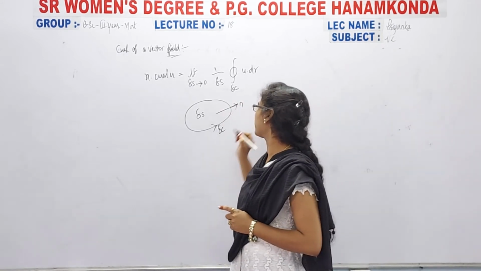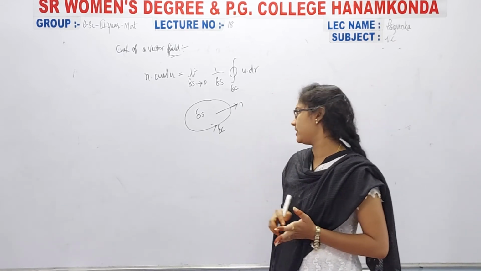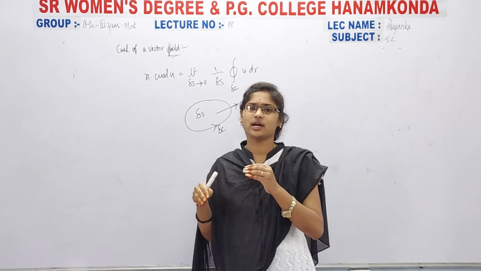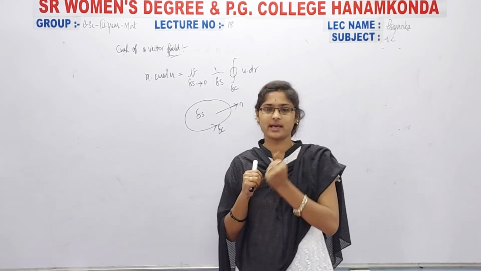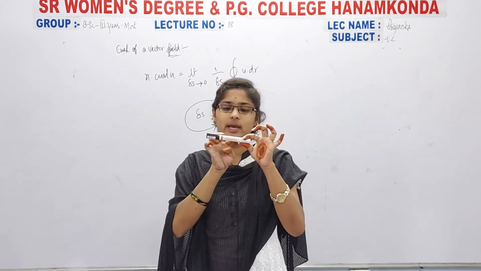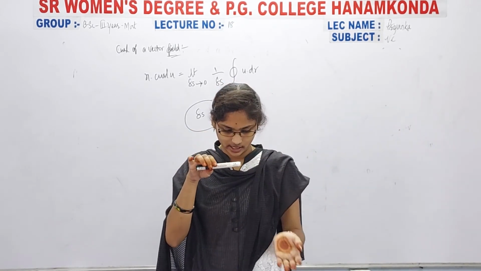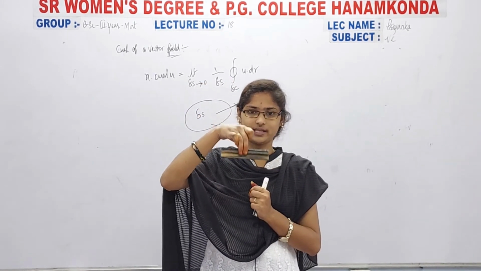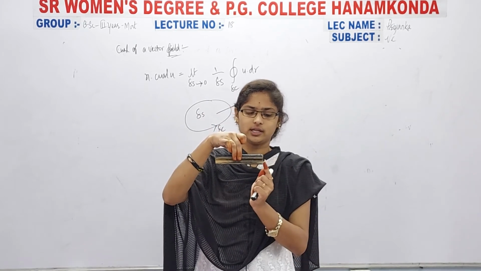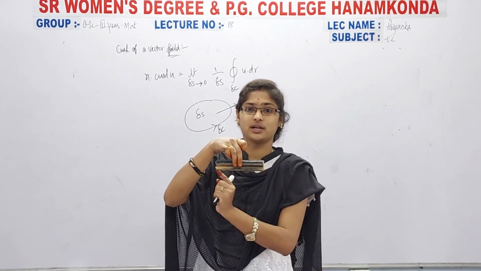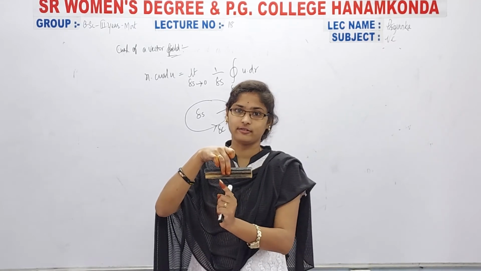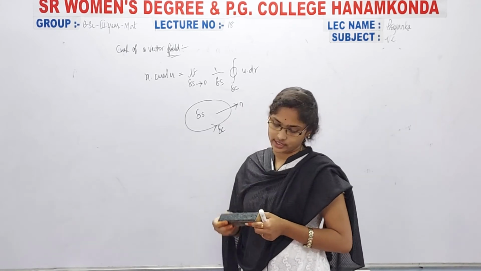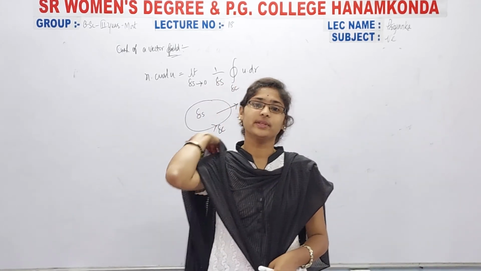So for any surface delta s, if the surface is enclosed with a curve, for example if I take this pen or the duster and place it on a floor or on a table, this surface is nothing but this one. If this surface is enclosed with a curve and has a unit normal vector, then it is said to have some curl.